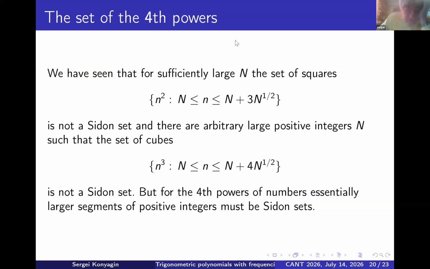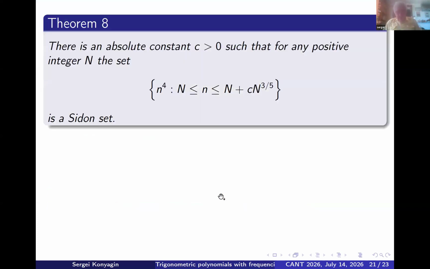In our last papers with Garayev and Garayev, we proved the following result: if we take a segment of size not square root of n, but of the order of n to 3/5, then for some small c, this set is a Sidon set.